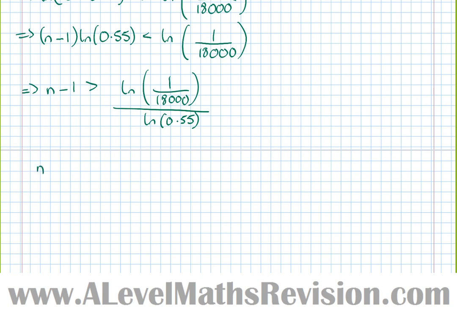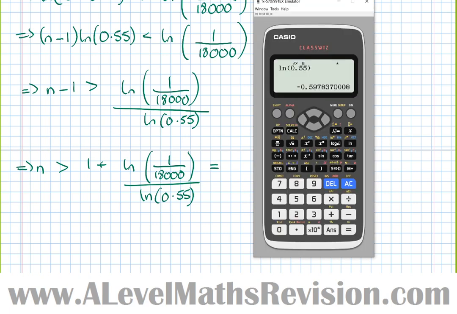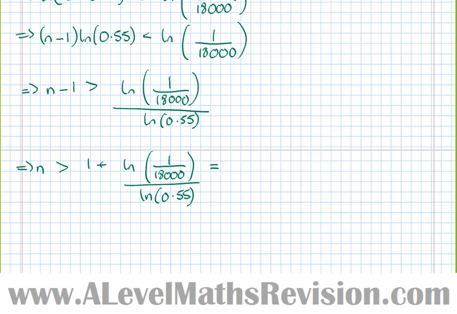Then finally, n is greater than 1 plus log of 1 over 18,000 over log of 0.55, which is equal to 17.389.